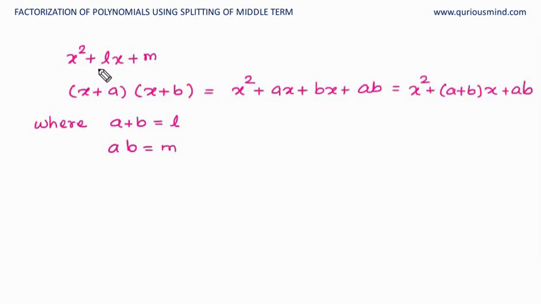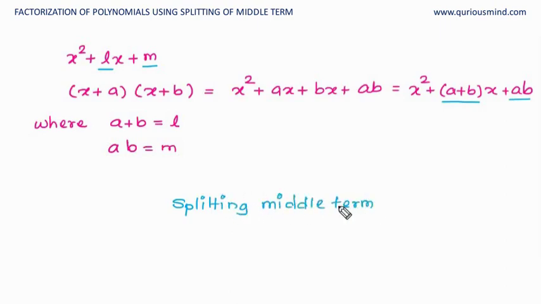So if you see here, it is lx here, and here (a plus b)x, it is m here, and here it is ab, and that's why a plus b is l and ab is m. Then x plus a and x plus b are factors of x square plus lx plus m, and this method we called splitting middle term, factorization by splitting middle term.